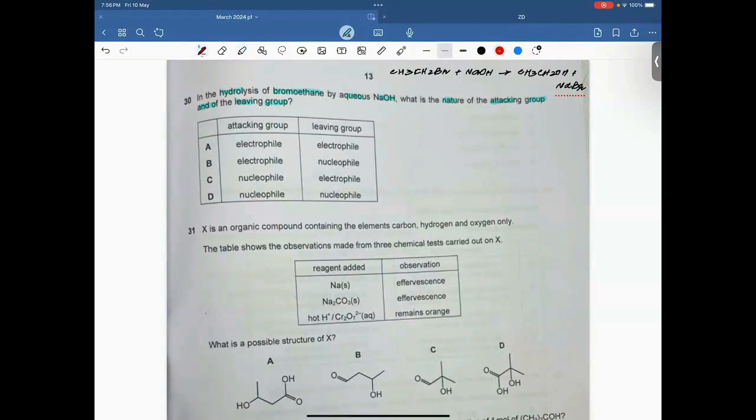Now, in this hydroxide ions are the attacking nucleophile, or you can say attacking group. So OH is basically your nucleophile, okay? Attacking nucleophile or attacking group. Leaving group. So bromide ions are the leaving group or leaving nucleophile because it is a nucleophilic substitution reaction. So the right answer is going to be D.